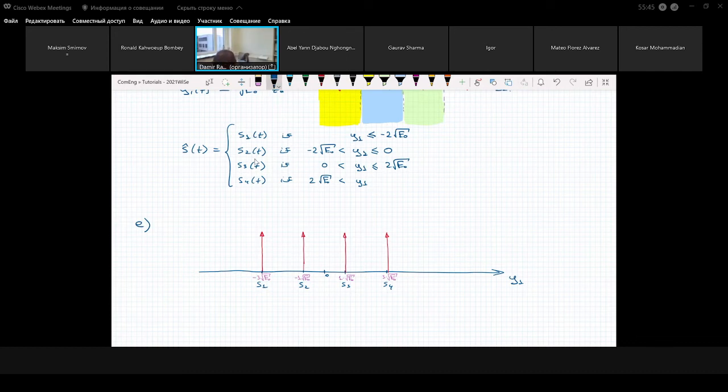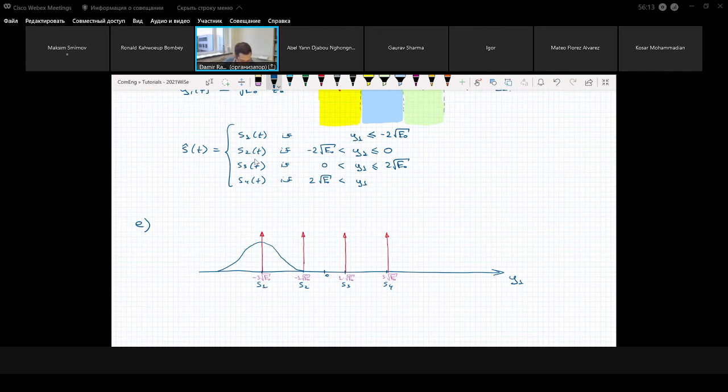But with noise, the situation will be more interesting. You don't have nice delta pulses anymore. You will have the whole range of possible voltages. And this range we show with this bell-shaped function that corresponds to the probability density function of noise.